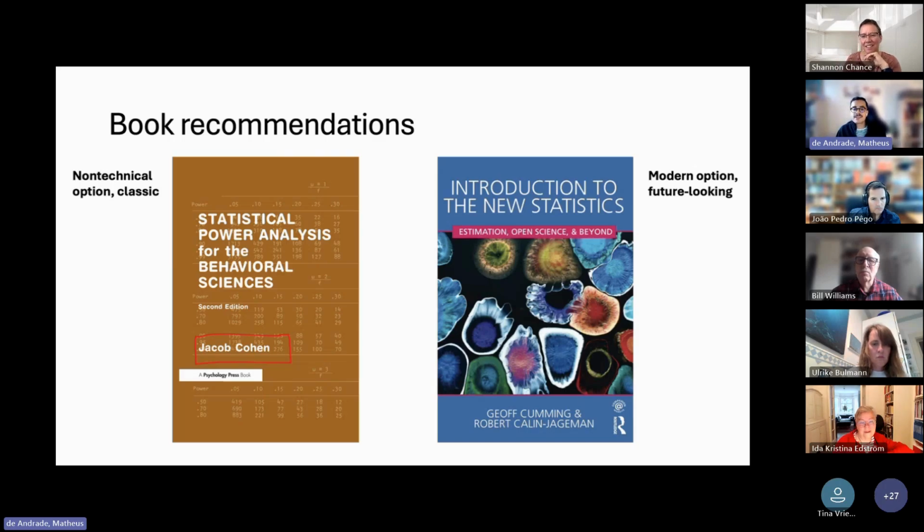I love my classics. But we also have lots of people looking forward here. And the modern option is Introduction to the New Statistics by Cumming and Calin-Jageman. And this one is for everyone that is interested in open science, in meta-analysis, in evidence synthesis, for everyone that is looking at the statistics of the future.